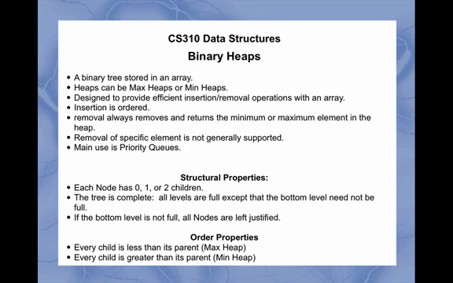Heaps can be max heaps or min heaps. They're designed really to provide efficient insertion and removal operations on an array. Normally when you have an ordered structure such as these are, you have a very slow insertion or deletion operation with an array.